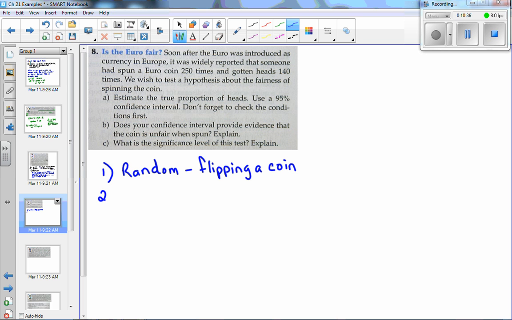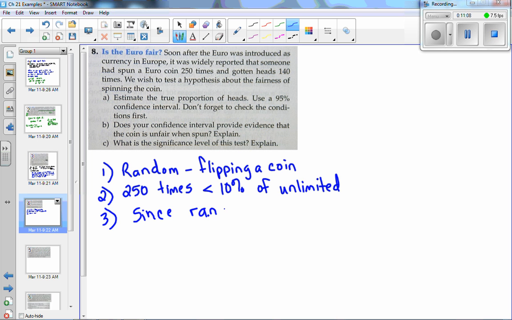Our second thing, we know that the 250 times that you're going to flip is less than 10% of kind of unlimited, because you could keep spinning or tossing the coin. The third thing, since it's random, each spin should be independent.